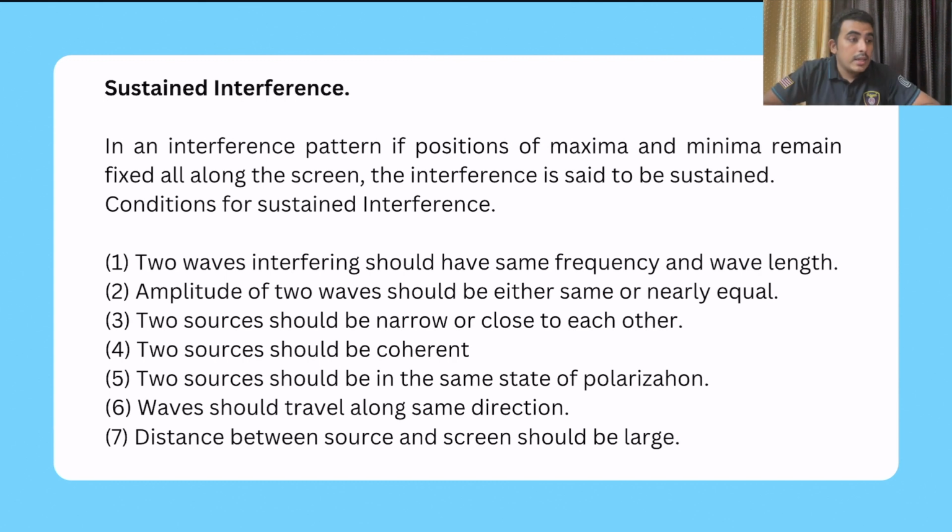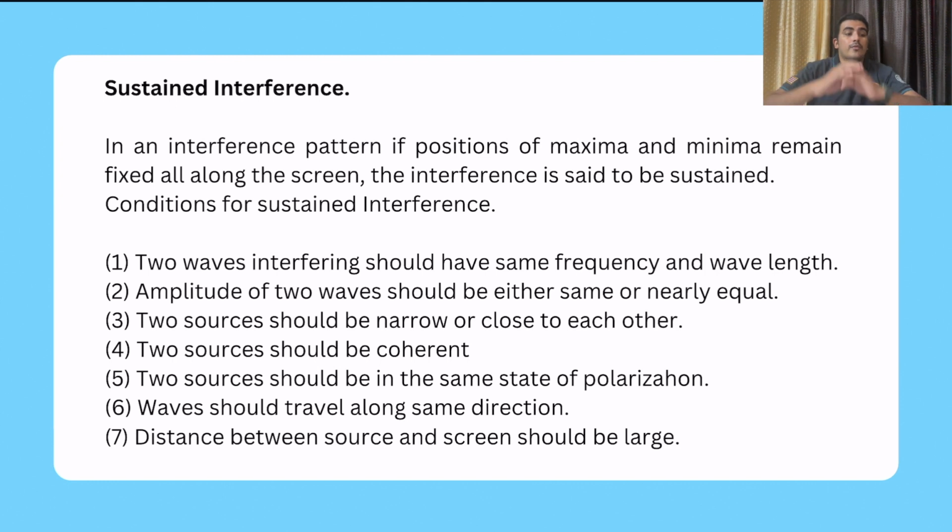Number 1, the two waves interfering should have the same frequency and same wavelength. Number 2, the amplitude of the two waves should be either the same or nearly equal. The third point, the two sources should be narrow or close to each other. The fourth one, as expected, coherent sources. The fifth point, the two sources should be of the same state of polarization.